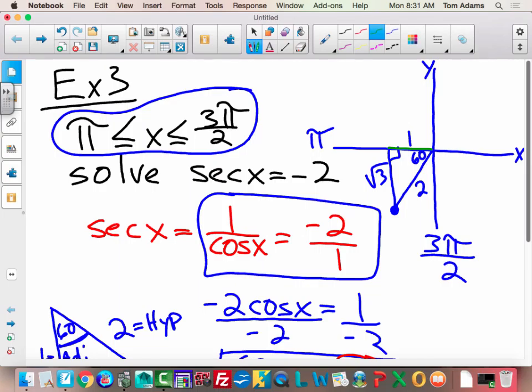But if we were to graph this point right here, what would this be? -1, and then the y value would be root 3, right? With a radius of 2.